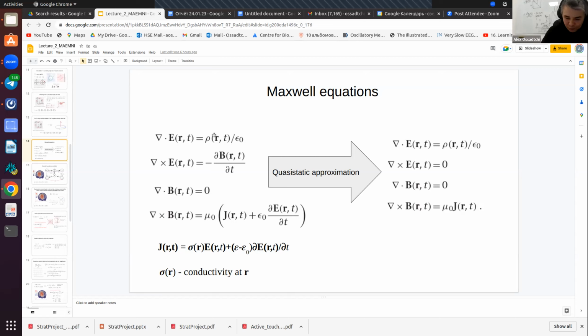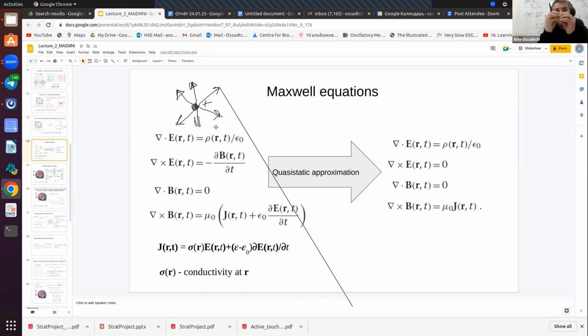Very natural. If you have a positive charge, you have field lines pointing away from this charge, and therefore you have non-zero divergence here. And this divergence is proportional to the density of this charge.